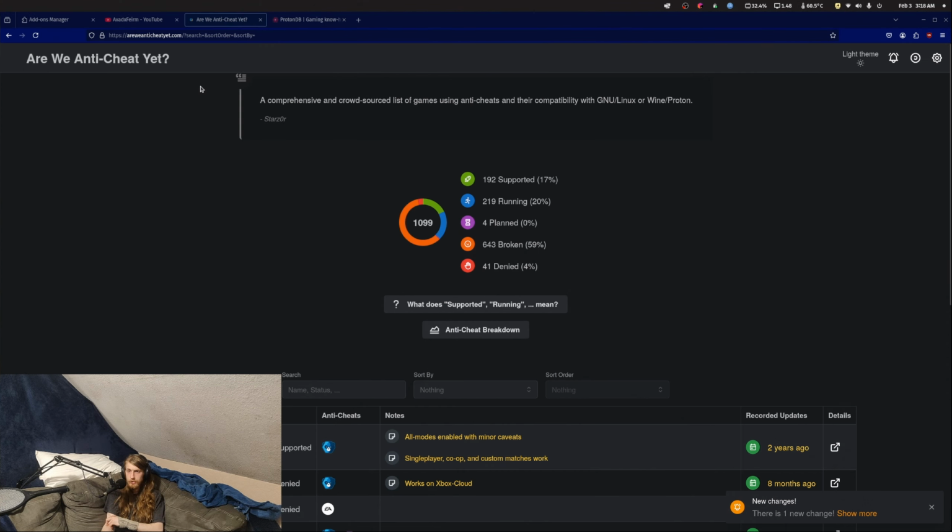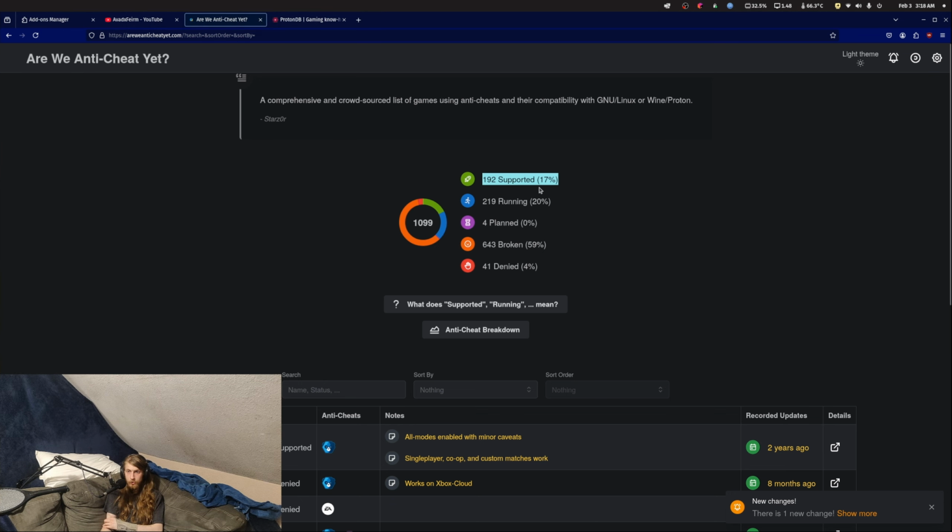Next thing I want to talk about is game compatibility. So if you frequently play a game that makes use of kernel level anti-cheat, I recommend checking out Are We Anti-Cheat Yet to see how well the anti-cheat solution is supported in a Linux or a Wine compatibility layer.